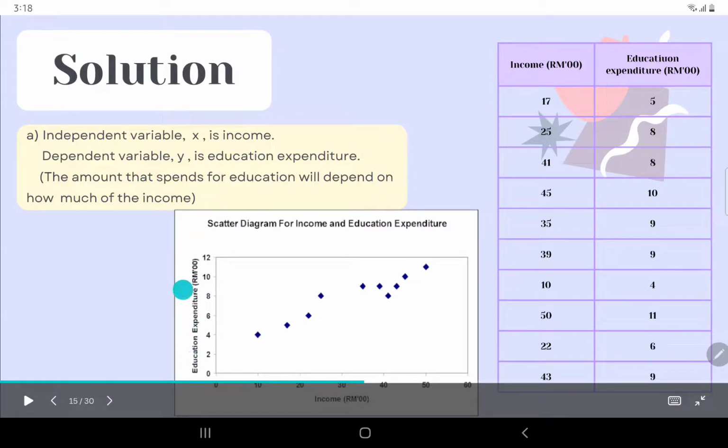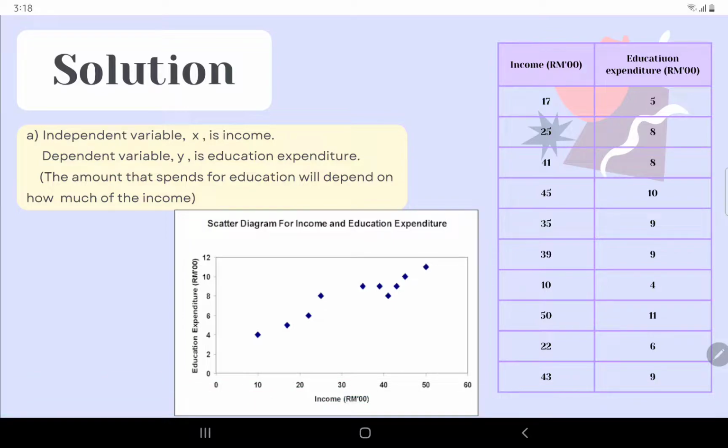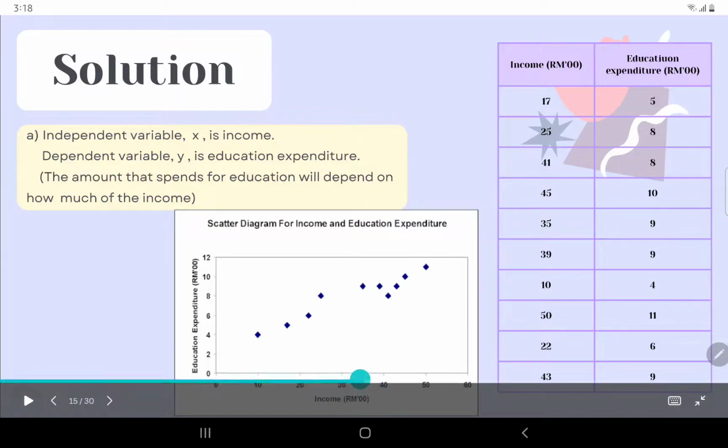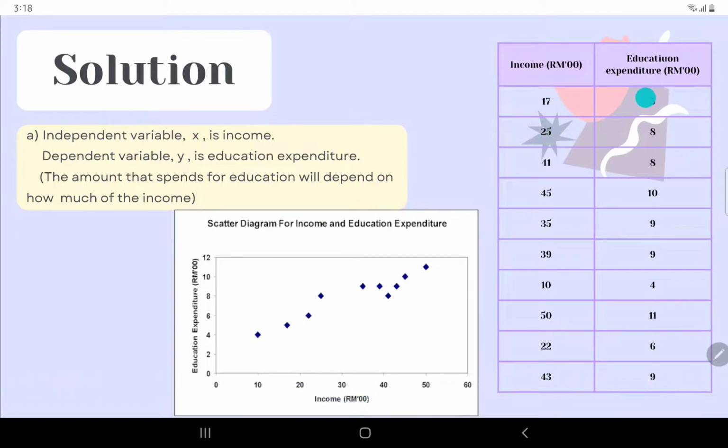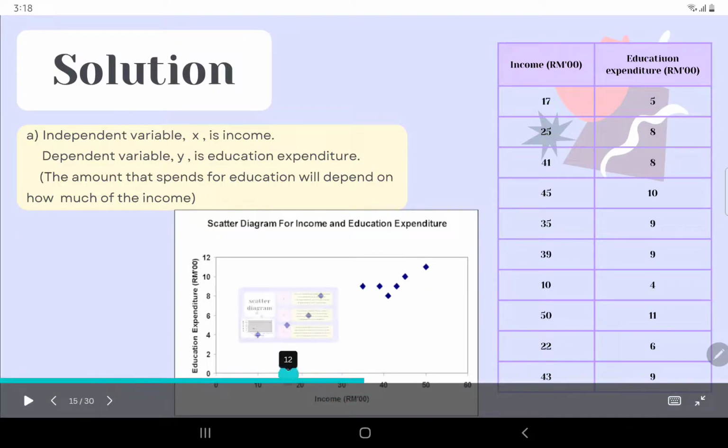So expenditure is the dependent variable, so it must be in y-axis, and income is the independent variable, so it must be in x-axis. Jangan terbalik lah. So kalau income 17, expenditure 5. So 17 is here, between 10 and 20. So the expenditure will be 5, 5 kat sini.